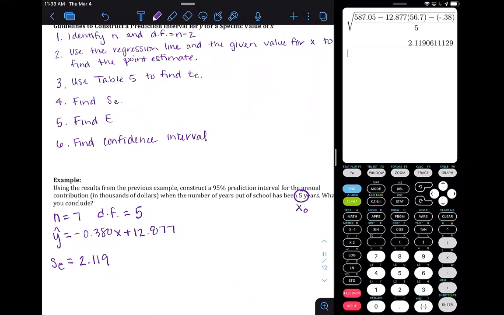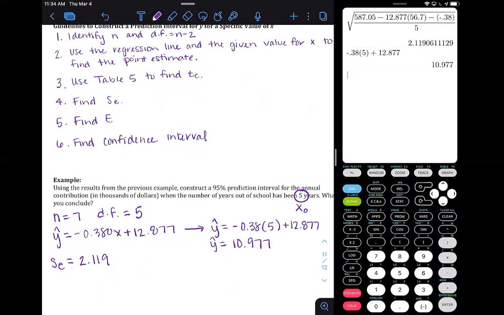So our y hat, we're going to plug that in: negative 0.38 times 5 plus 12.877, and we get 10.977. When we get to the very end of this problem, that's what we're going to be adding and subtracting our margin of error.